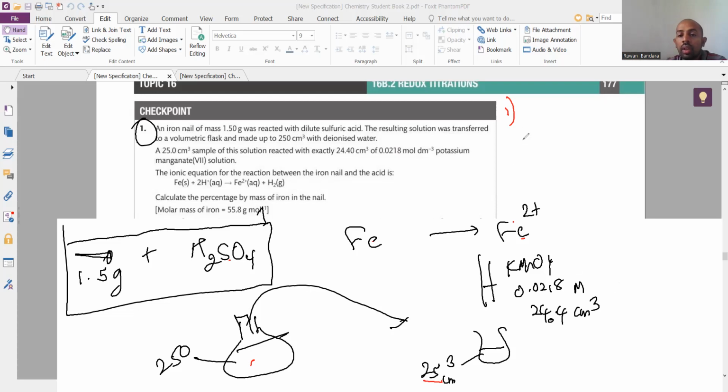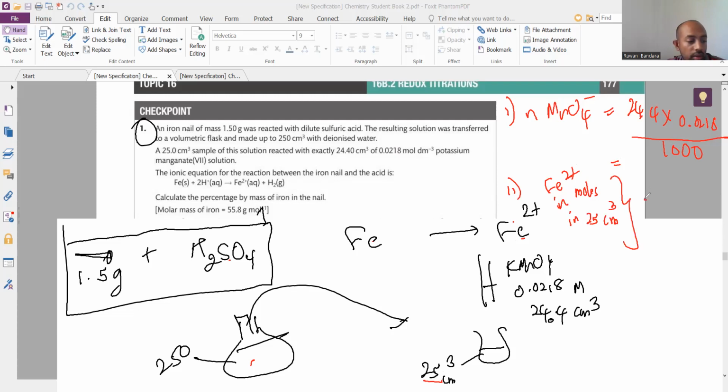Okay. So first step, we can find the moles of MnO4- because the concentration and the volume are given. So the answer is 24.4 into 0.0218 divided by 1000. We can find the moles. Then if you know the moles of MnO4-, you can find the Fe2+ moles in this 25 cubic centimeters. What is the answer here? Can anyone tell me the answer?